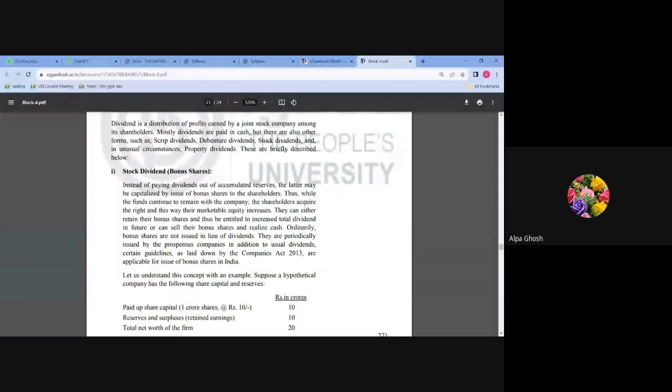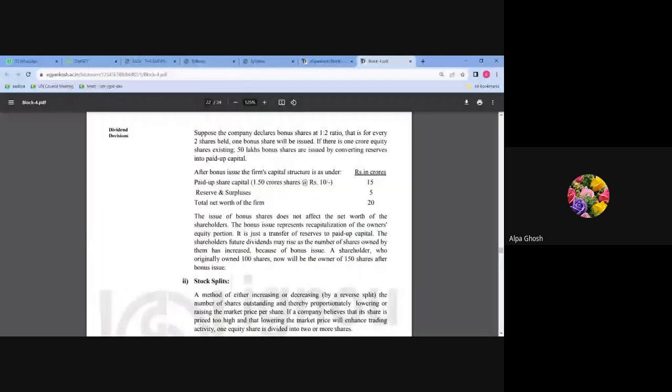The motive of issuing shares against the payment of dividend is that we may require cash for programs in expansion, diversification, or else we may not have enough cash with us for the dividend.